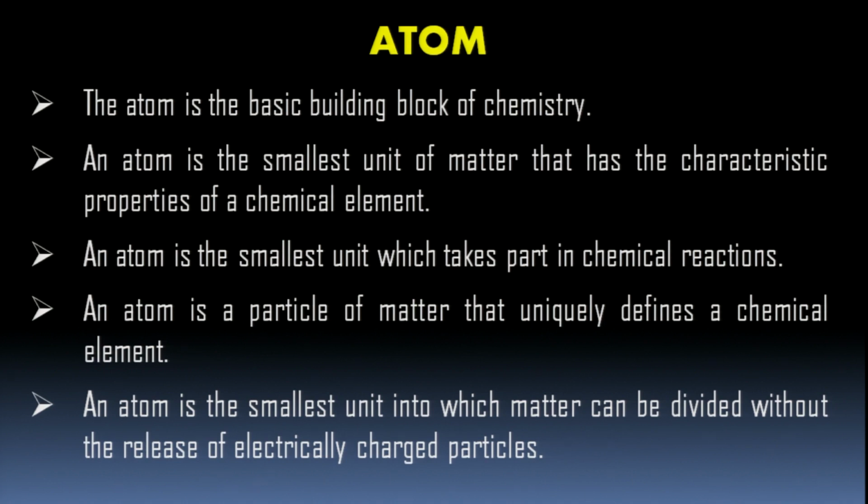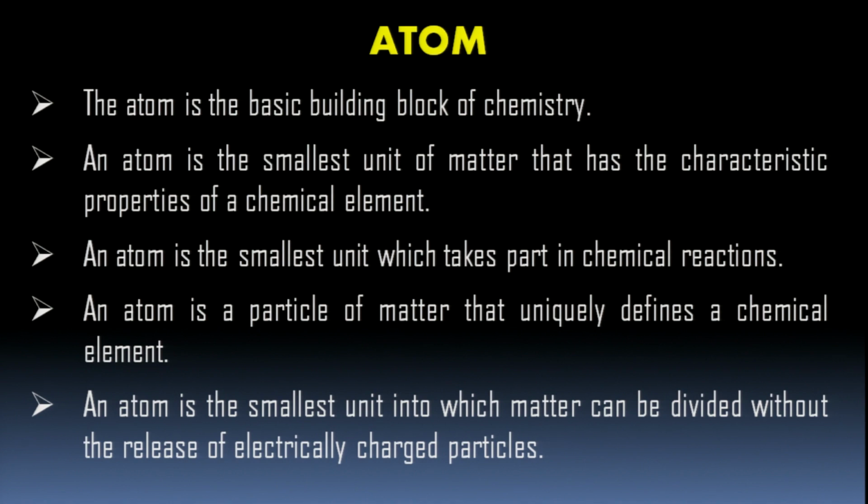An atom is the smallest unit which takes part in a chemical reaction. Whenever a chemical reaction is going on, atoms are the smallest unit which take part. An atom is a particle of matter that uniquely defines a chemical element.